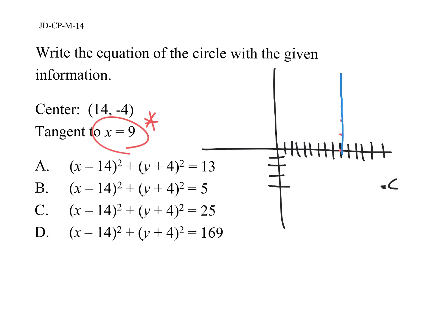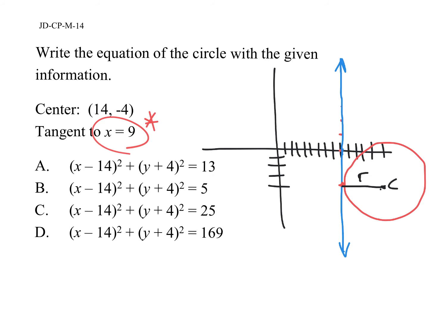So all the points where x equals 9 would be on this vertical line. So if our circle is tangent to it, that means the circle is just barely hitting that line. And what that tells me then is that this would be our radius of our circle.